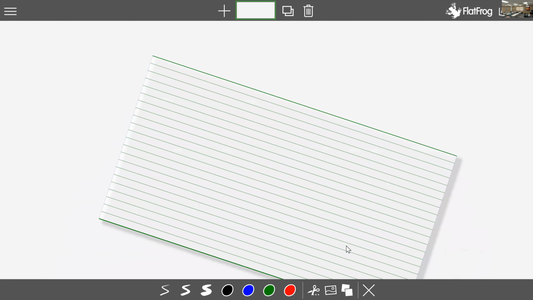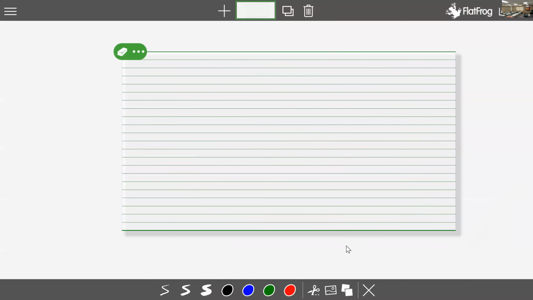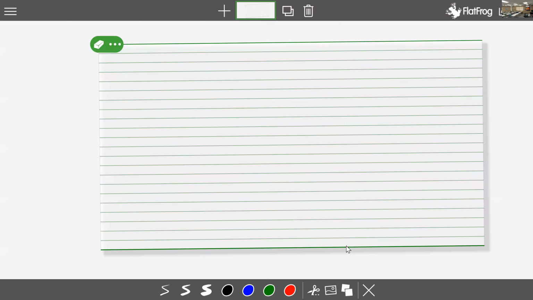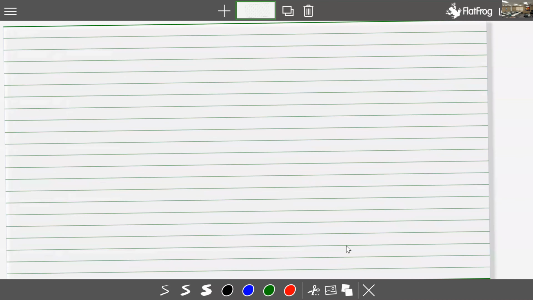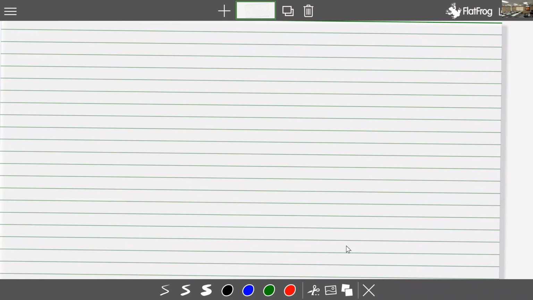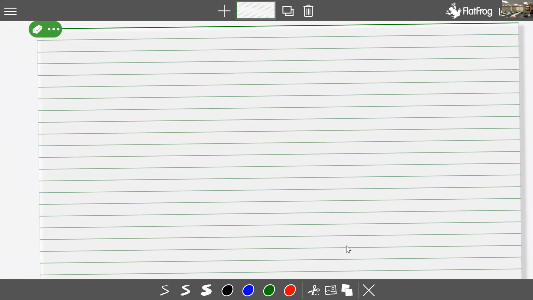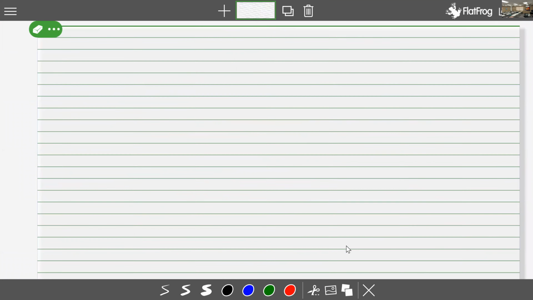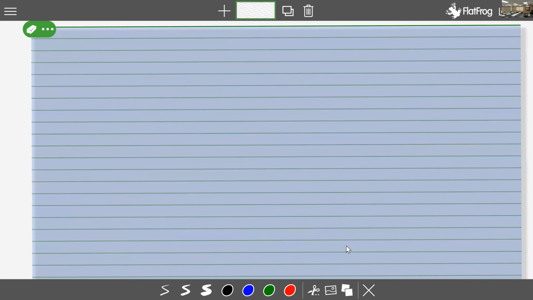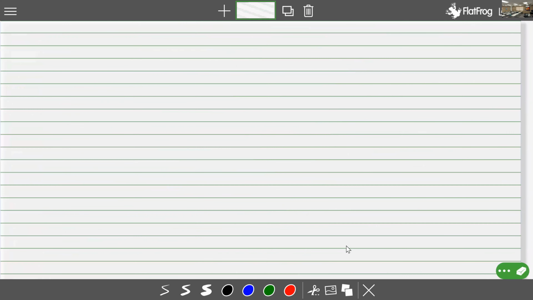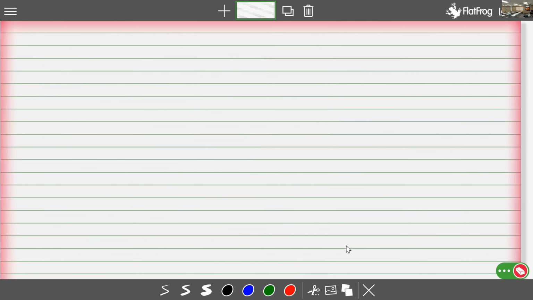So when I'm writing this out, it's just a little bit neater. I just want to lock it. I guess it's okay that it's right on the edges.